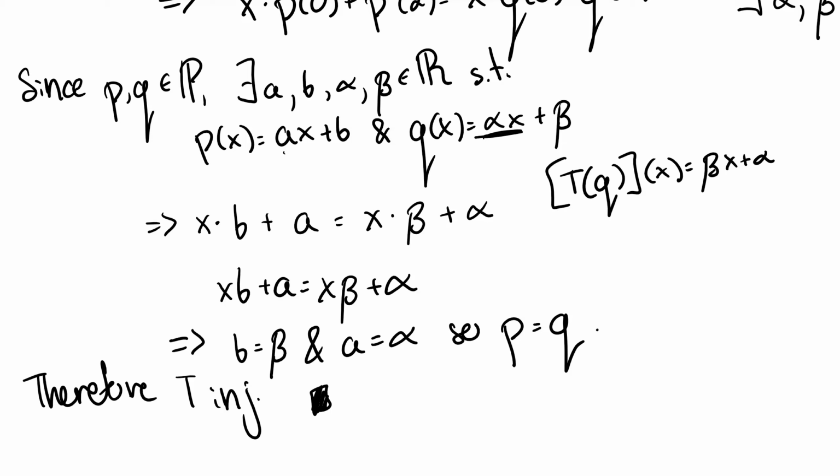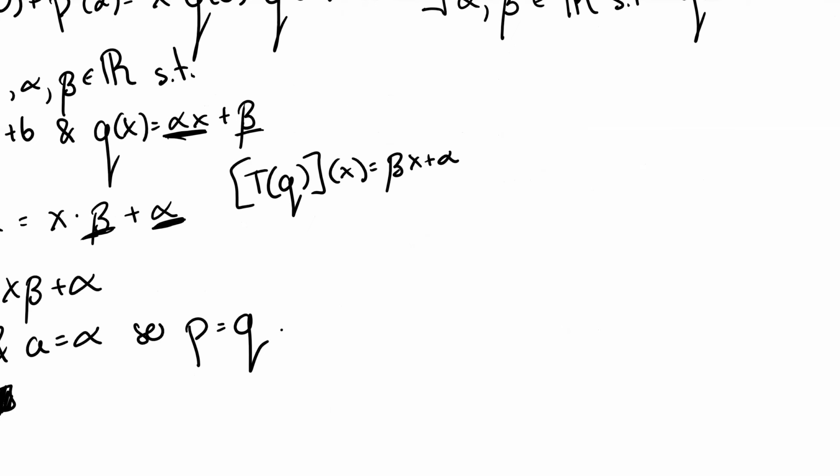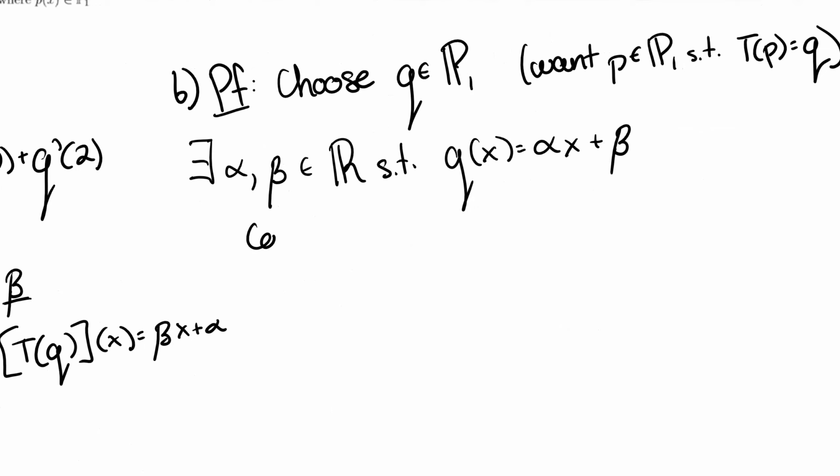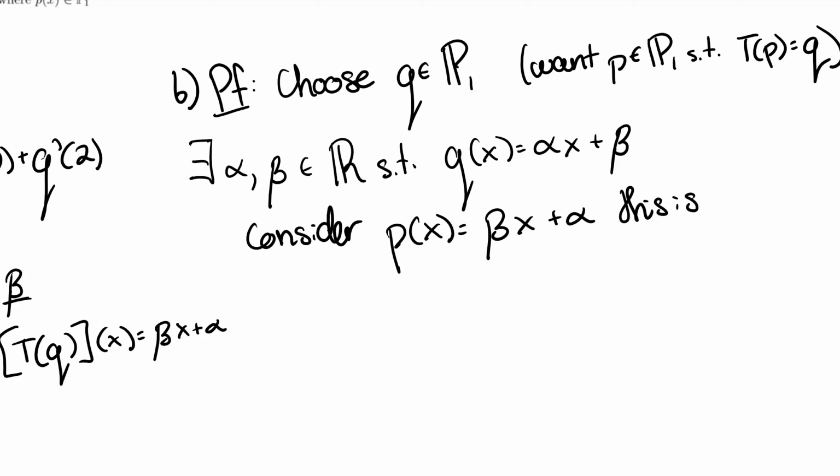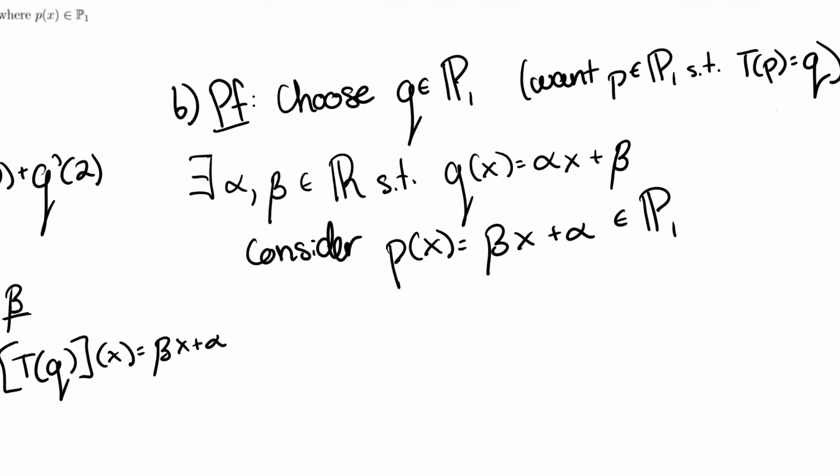It took the coefficient on X and put it as just the constant, and then took the constant and put it as the coefficient of X. So consider beta X plus alpha. This is degree 1, which is in P1, sorry. Because we can't promise that it's degree 1 because beta could be 0, and alpha and beta could both be 0, and that's just the 0 polynomial, but that's okay, that's still in P1.